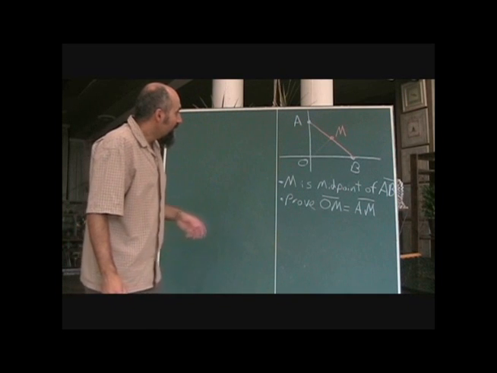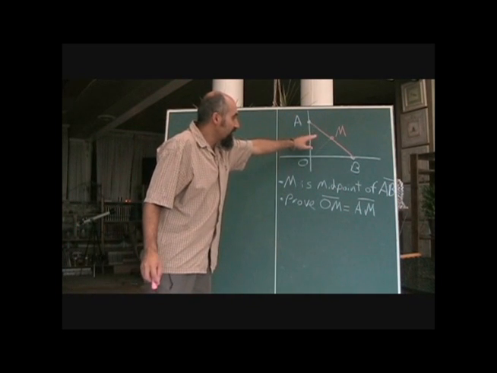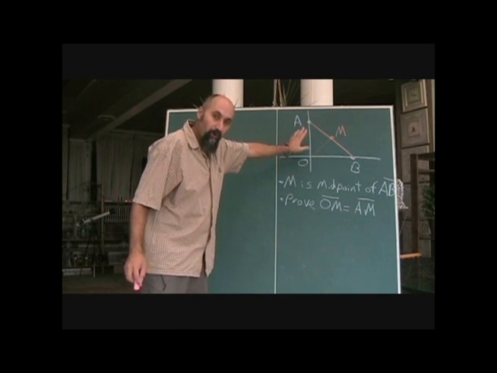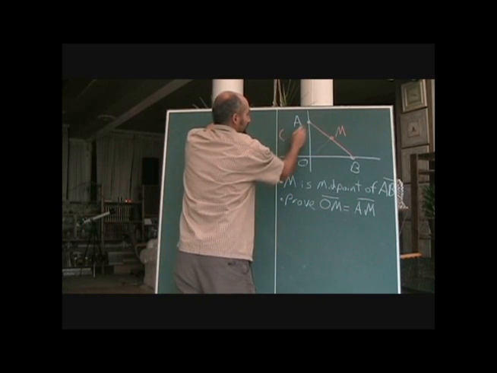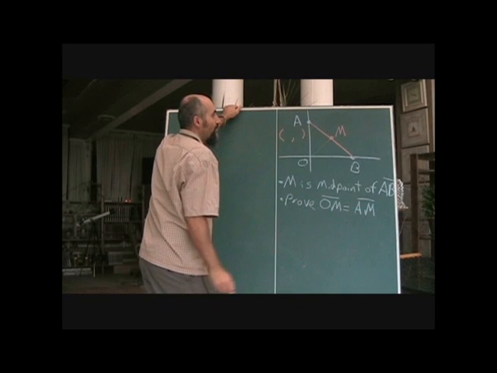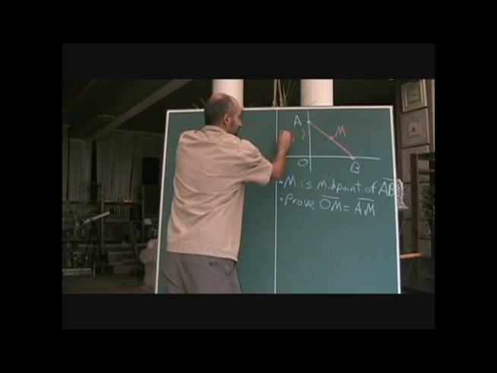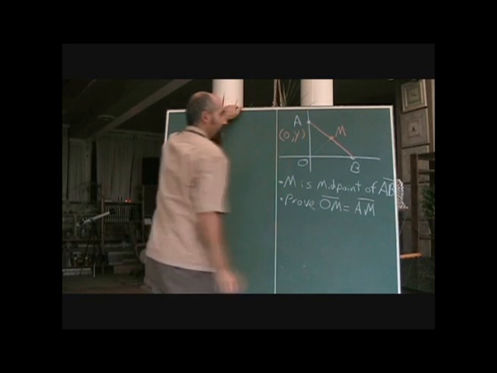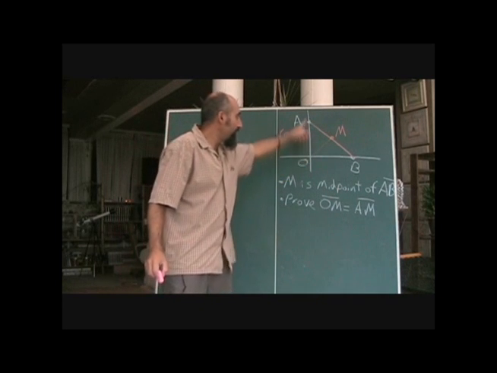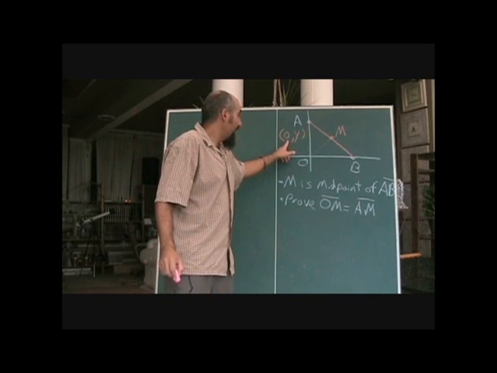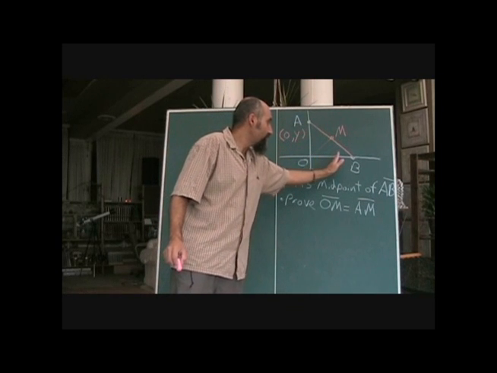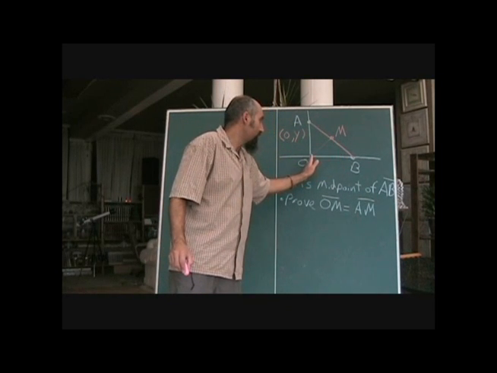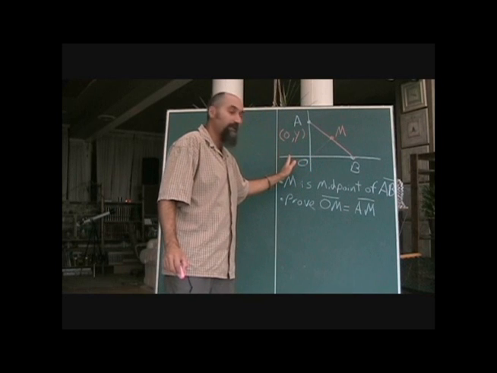Now they haven't given us any points, so we're going to make up our own points. Point A here, we're going to call 0, y. Keep this in mind: on the y-axis, the x values are always 0. If this is x equals 1, 2, 3, then that's 0, because it goes 0, -1, -2.